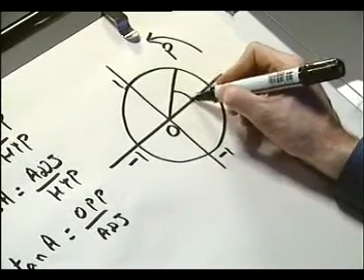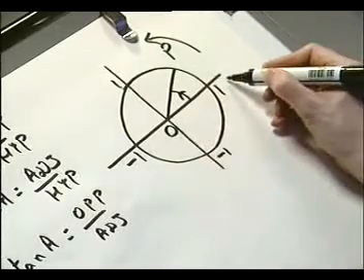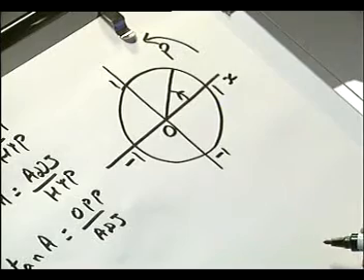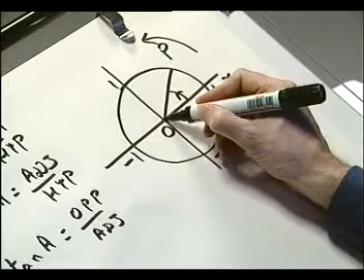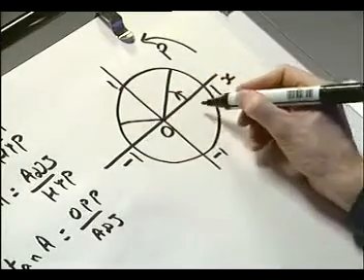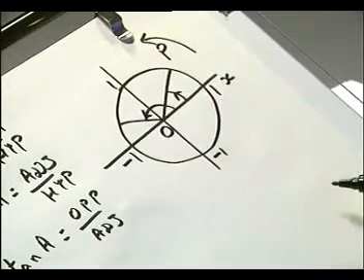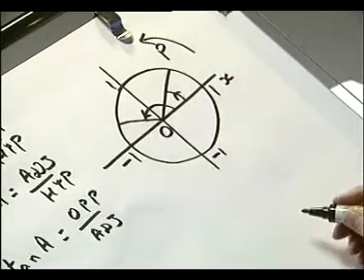Then this is the angle that OP makes with OX, the x-axis. So there's an acute angle. When we get round to here, that gives us an obtuse angle, an angle between 90 and 180.